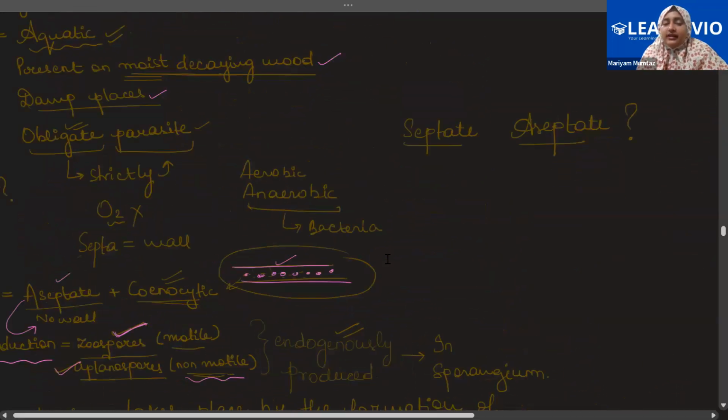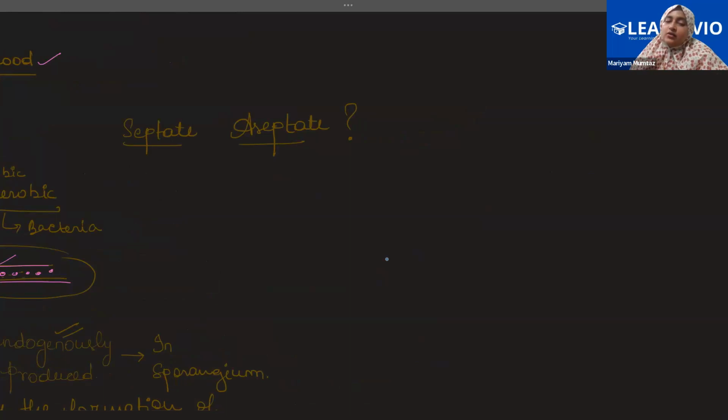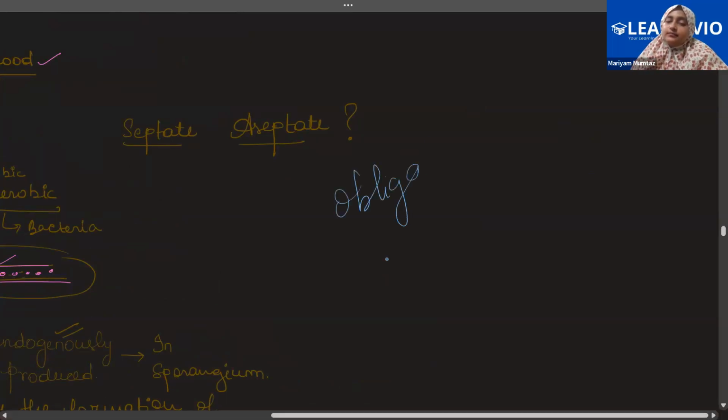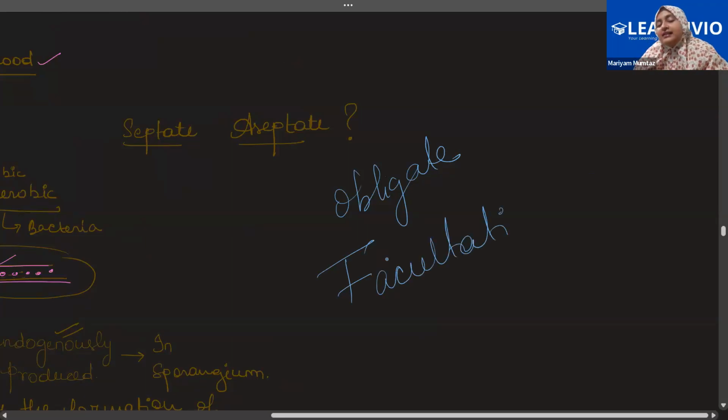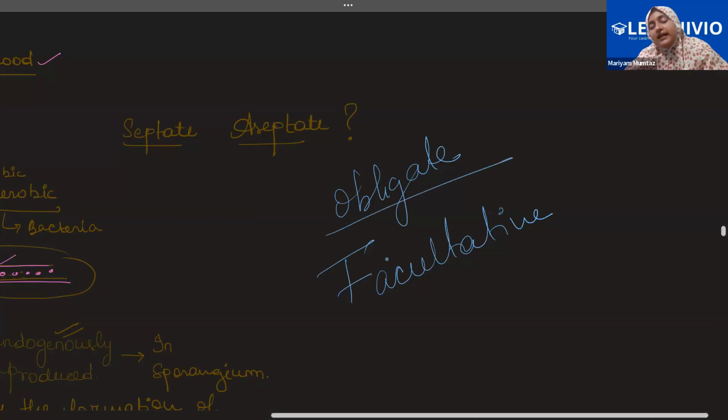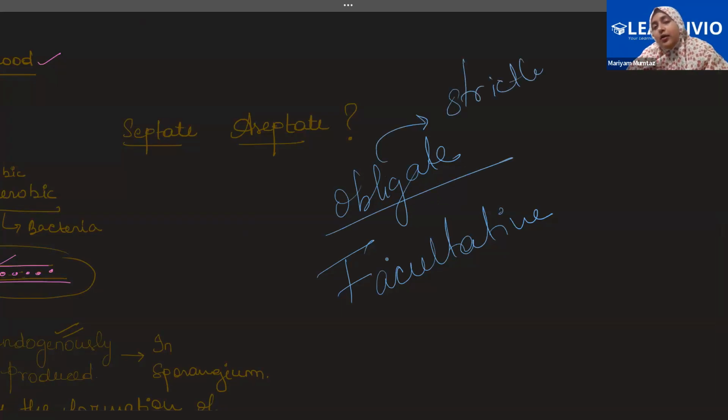See, there are two things. There is obligate and then there is facultative. Now, if I say obligate parasite, obligate means strictly. So if I say obligatory or obligate parasite, it means that they are strictly parasitic.